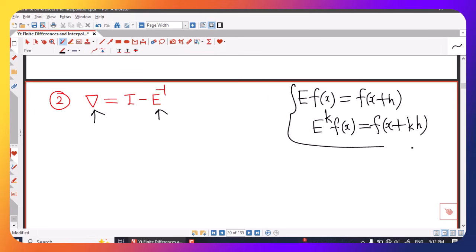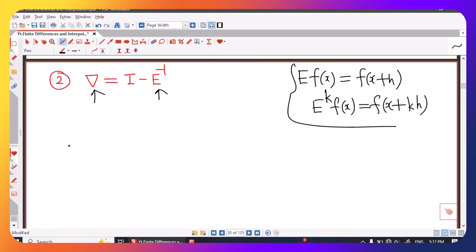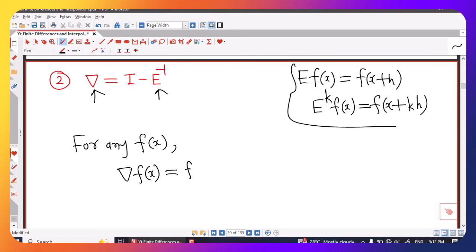So we are going to use this. Here also we can start with either the left hand side or the right hand side. Suppose we start with the left hand side, then I have to find out nabla f(x). Nabla is the backward difference operator.